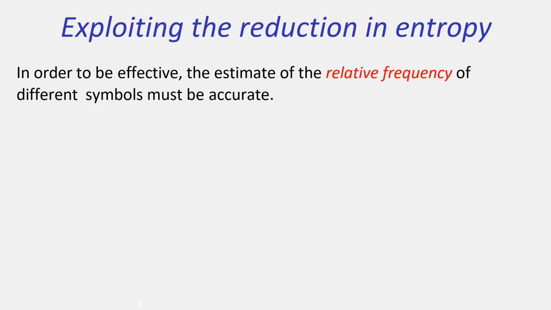In order for that scheme to be effective, a key point is we have to have good estimates of the relative frequency of different symbols. So we couldn't use a scheme where A occurred very rarely in a text, as it would not be a good idea to give it the shortest possible encoding of a single bit.